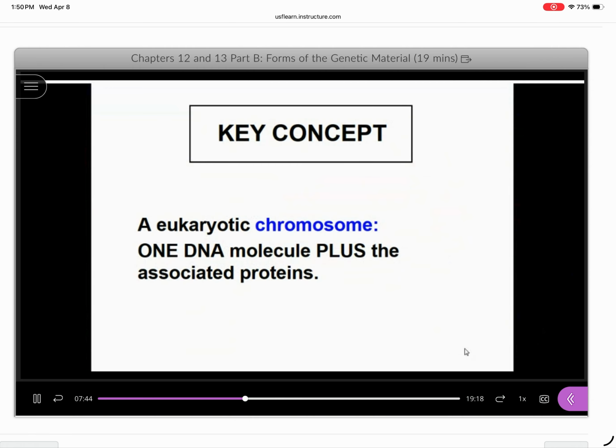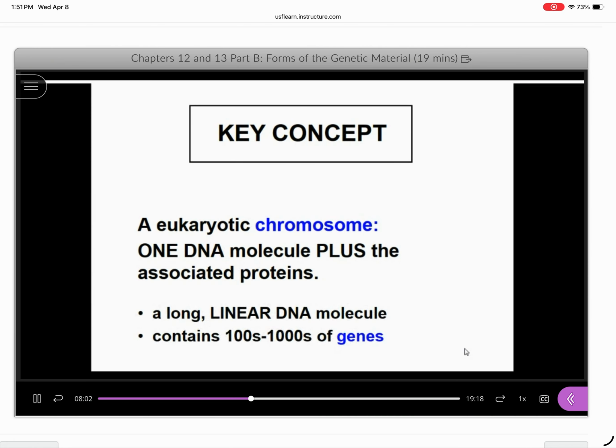So what is a chromosome anyway? A chromosome in eukaryotes is one DNA molecule plus the associated proteins. Again, it's wrapped around. All of that is a chromosome.